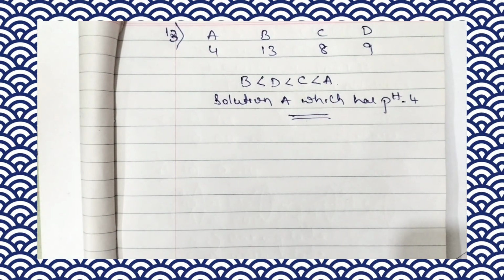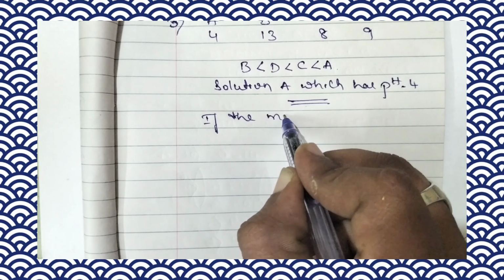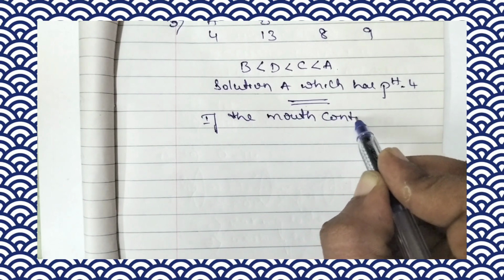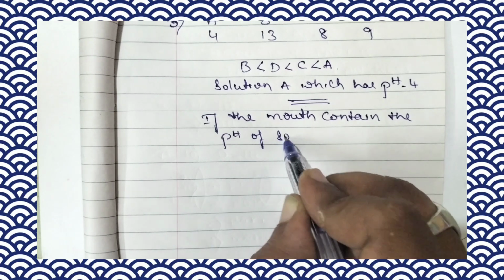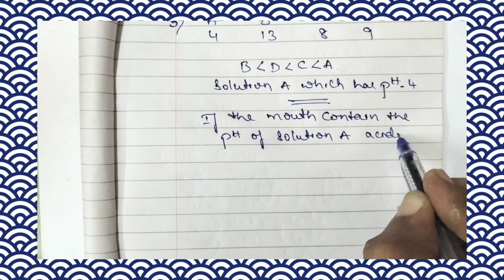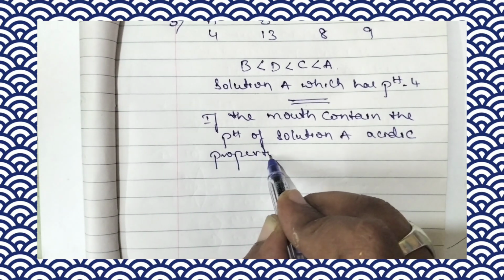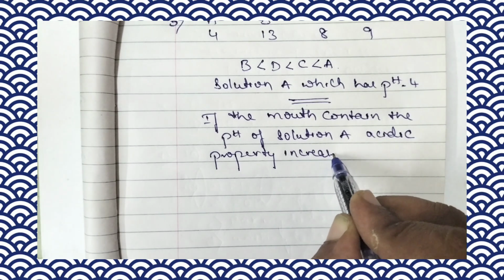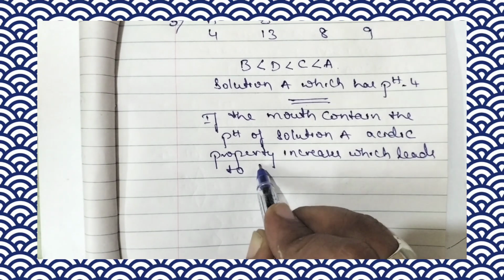Then one more question is there. Explain what happens if our mouth contains the pH of solution A. If the mouth contains the pH of solution A, the acidic property increases, which leads to tooth decay.